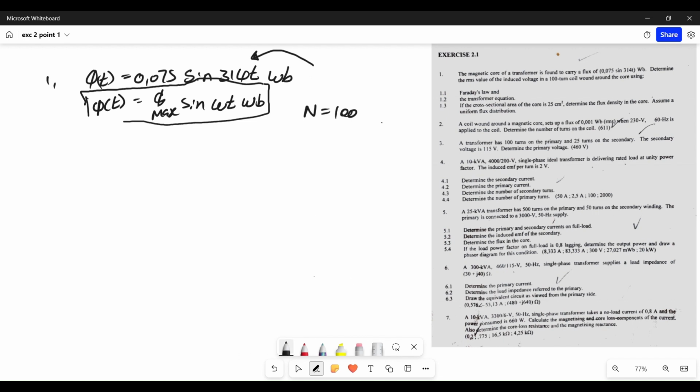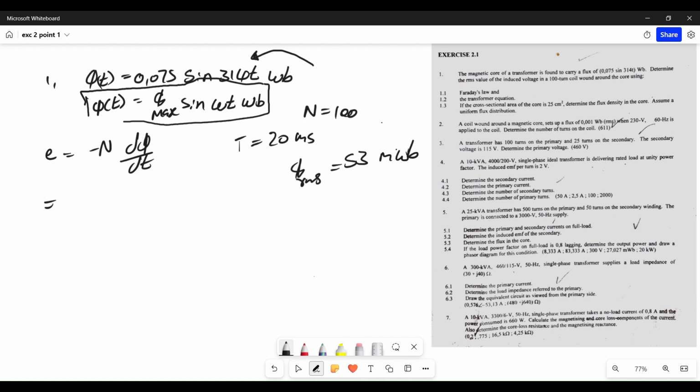Okay, so we know T is equal to 20 milliseconds. Flux RMS is equal to 53 milliweber. E is equal to negative N, change of flux over change of time.